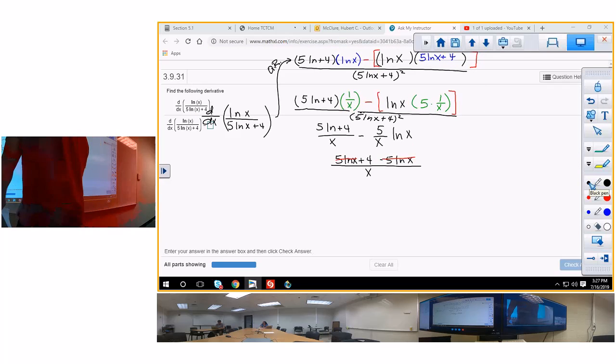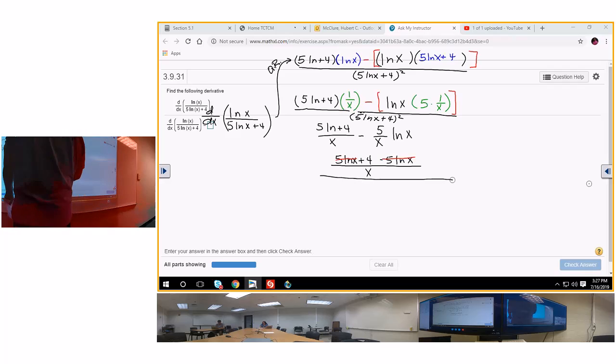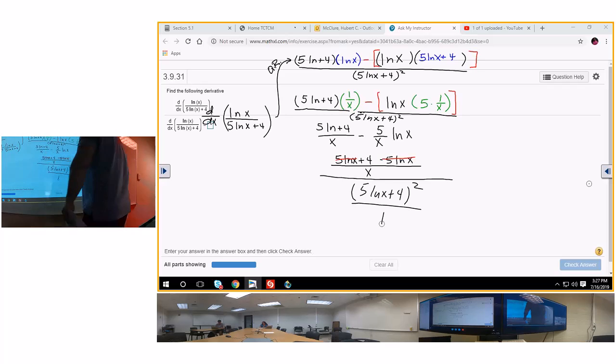So that's going to be all this over 5 natural log of x plus 4 quantity squared over 1, which is going to give you multiplied by 1 over 5 natural log of x plus 4 quantity squared.